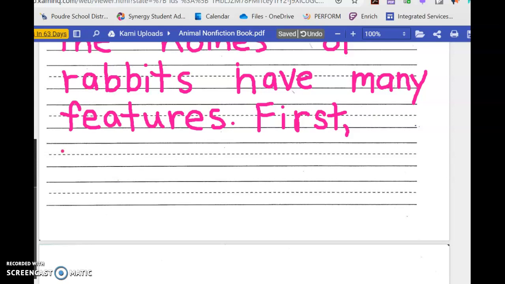So we're going to put dive down R for rabbits, magic C-A, dive down B, dive down B, dive down I, dive down T, magic C-S.